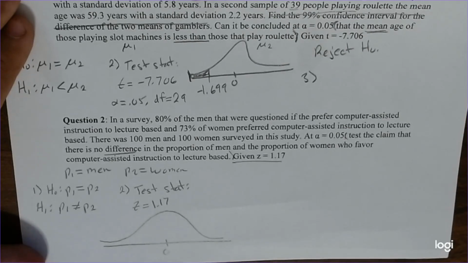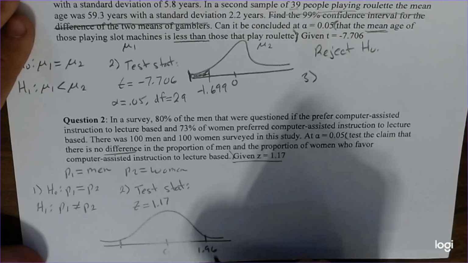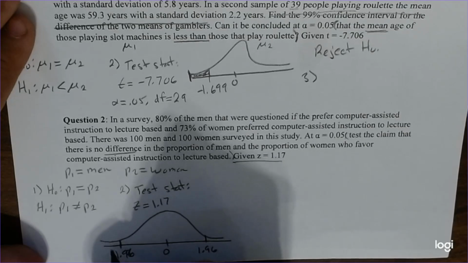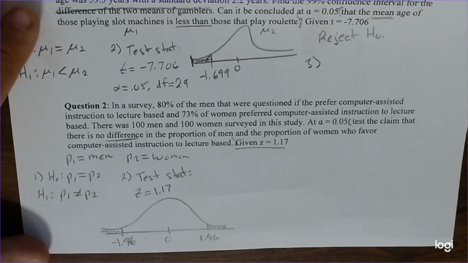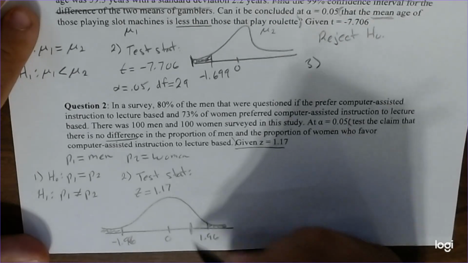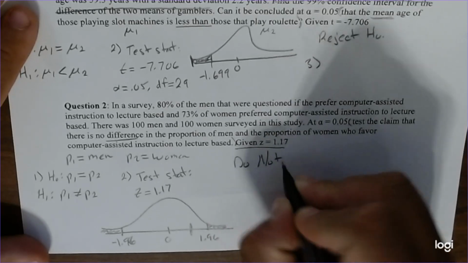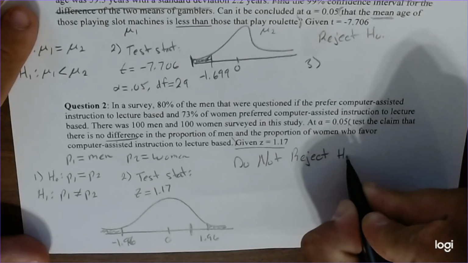So our critical values are going to be here and there, 1.96 and negative 1.96. Okay. Well, our test stat is roughly here. So it's not in the region, so we do not reject H naught.